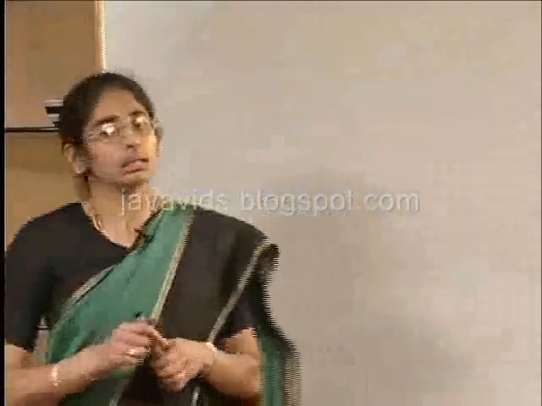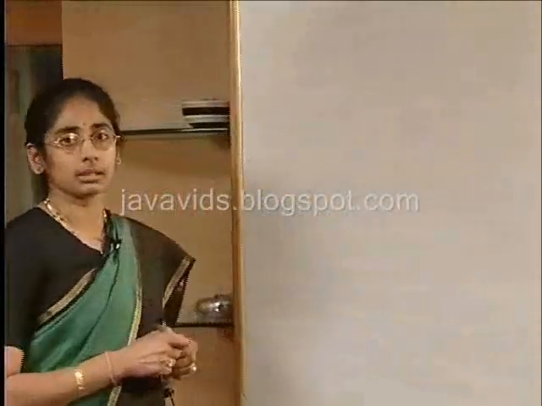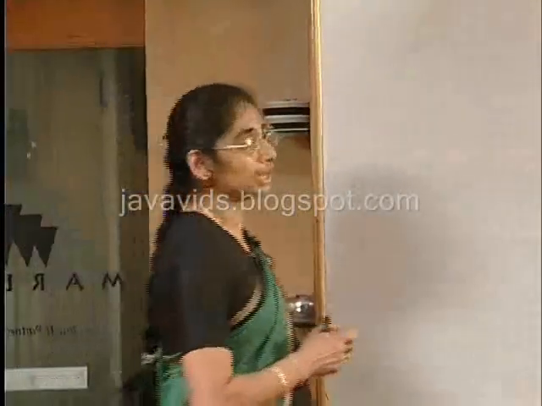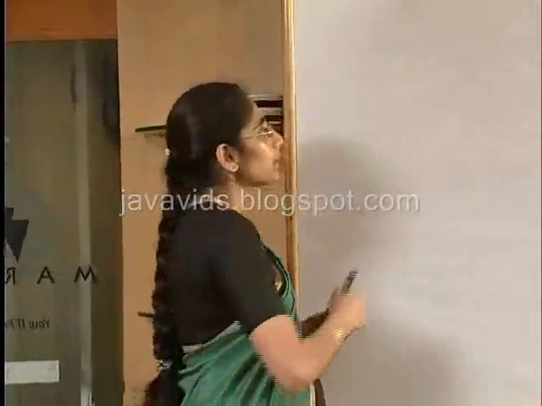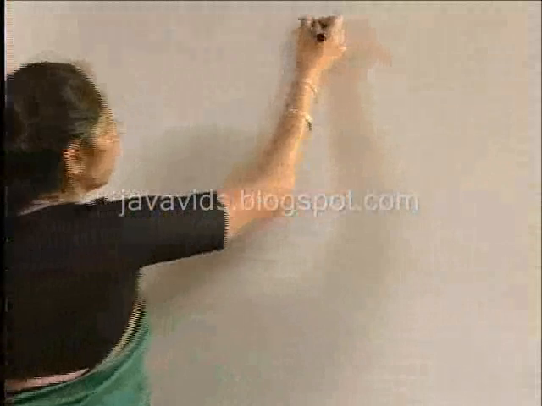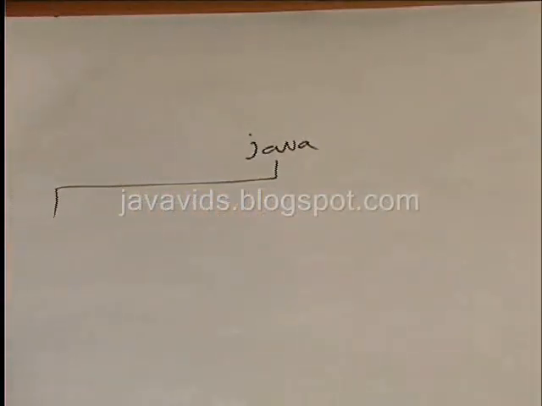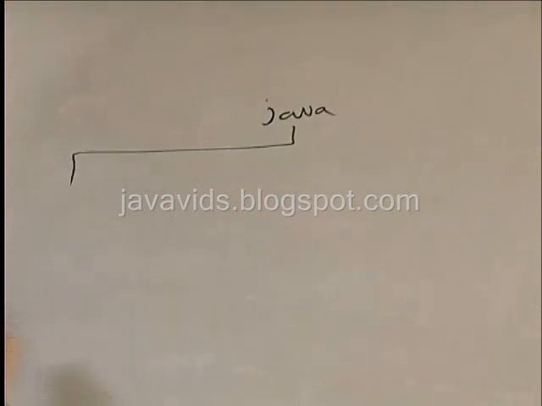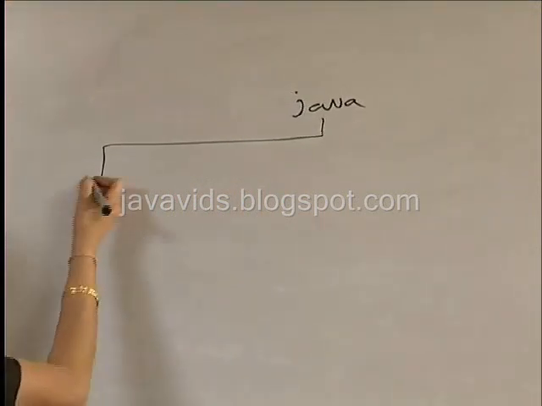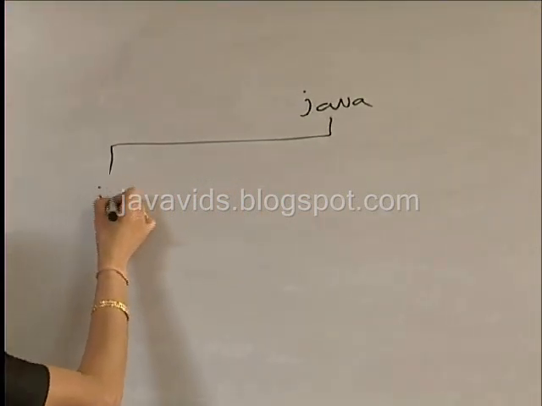For example, the inbuilt packages in the JDK look like this. You have a Java package as a main package. It consists of a package called, for example, IO.